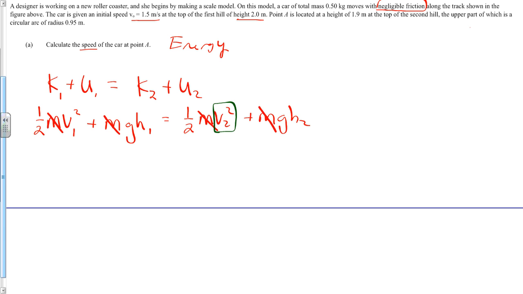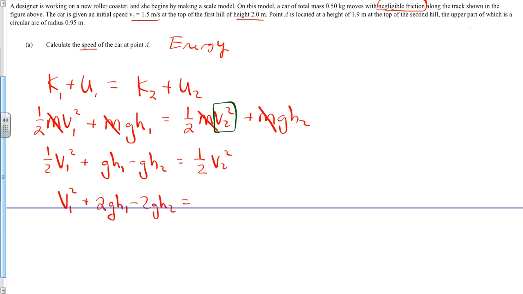Multiply by 2. Actually, let's move that over first. Now we multiply through by 2. V1 squared plus 2gh1 minus 2gh2 equals V2 squared.